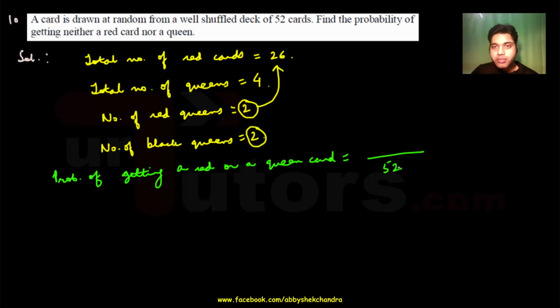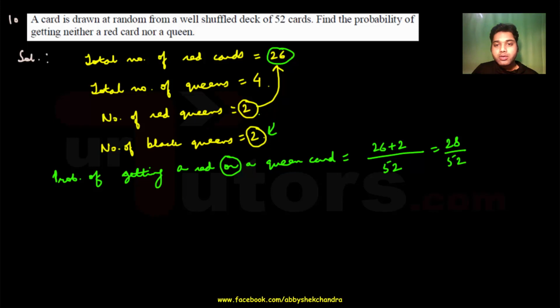In the denominator it will be 52, and in the numerator it will be 26 plus 2, that will be equal to 28 by 52. Because we have OR here, so we add the events, right? So the event of getting either a red card or a queen card, so we add.